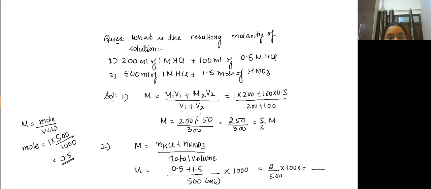If you are using the formula M1V1 plus M2V2 divided by V1 plus V2, then no need to convert. If moles are coming, then yes, you need to convert. So molarity is 4 molar.